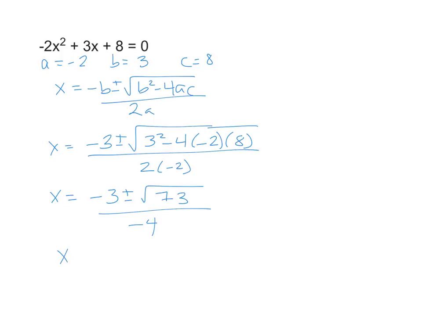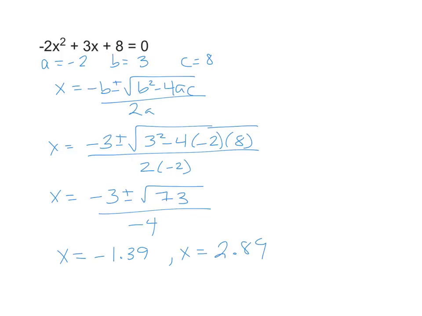So I'm going to do negative 3 plus the square root of 73, and then divide that by negative 4, and I get negative 1.39. And then I'll do the minus, so it's the same thing, except it's negative 3 minus root 73 divided by negative 4, and there I get 2.89.